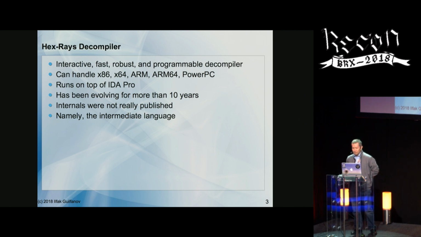I think that you've heard about our decompiler. It has existed for more than 10 years now. We published the first one in 2007, and it supported only x86 at that moment, but over time we added many other target platforms to it. It is interactive, fast, robust, and programmable, so I think that we are doing well here.